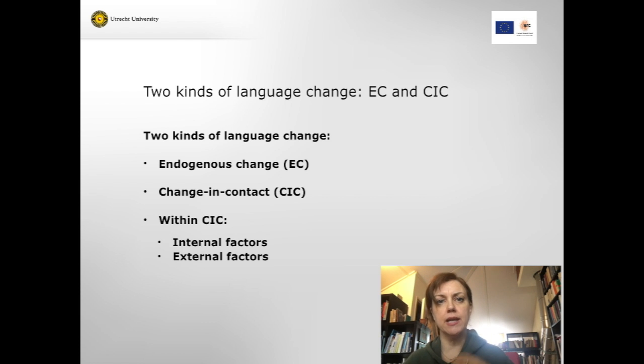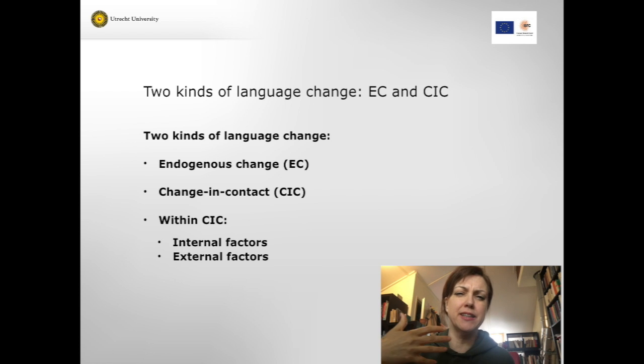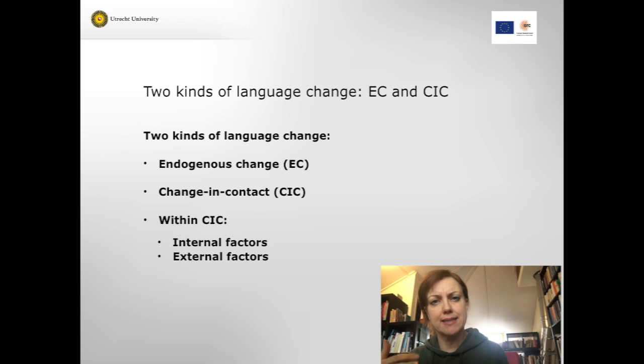That's the change that you see happening diachronically, for instance, due to internal factors, internal in the sense that the language evolves by itself. For instance, people start mispronouncing a consonant, speakers start deleting consonants, then there is some sort of reanalysis of the content of the input, and then language changes, but not because of the influence of other languages.